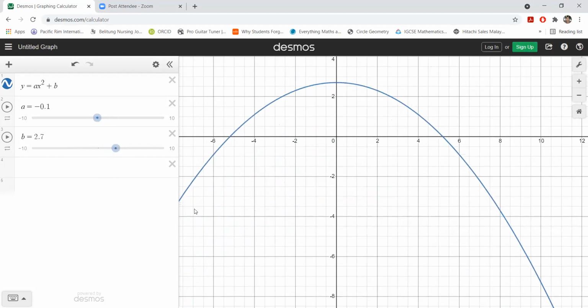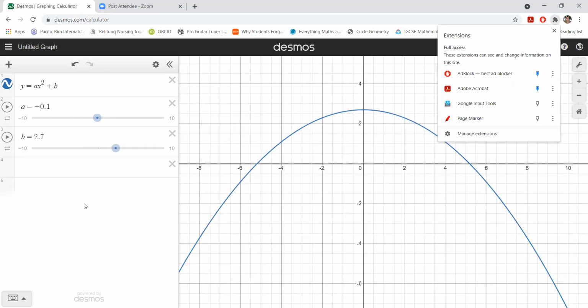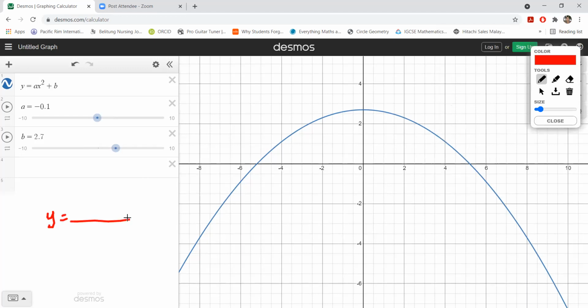Right, what about that one? Okay, look at the information over here. 2.7. Okay, right, go to your chat box and write the equation in. Y equals what for this particular graph? Okay, write your equation in there, in the chat box.